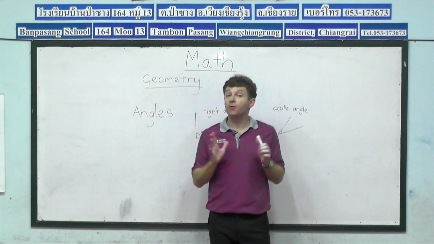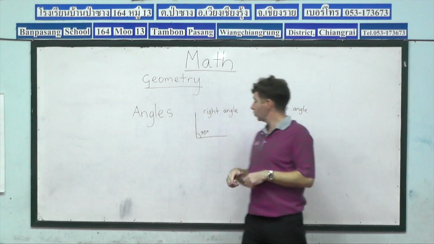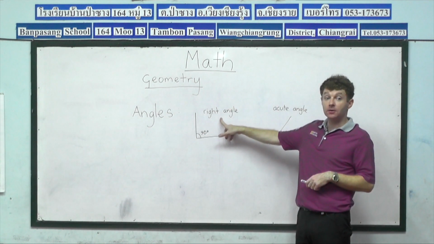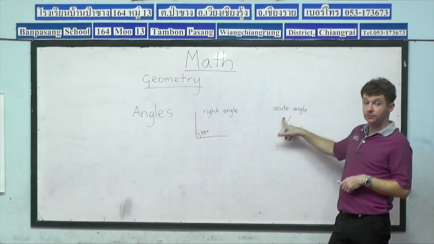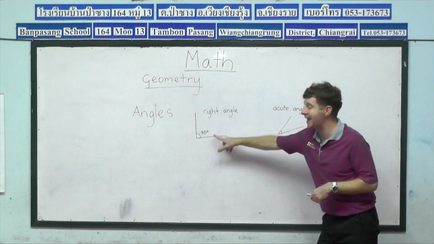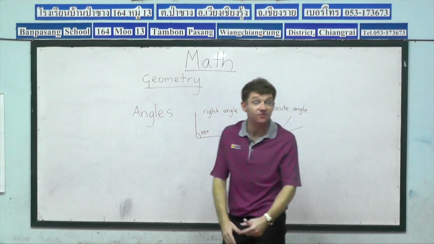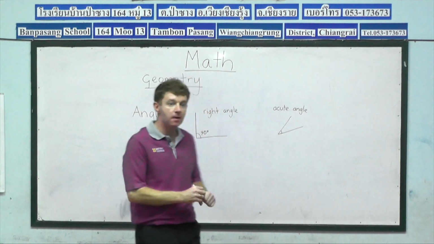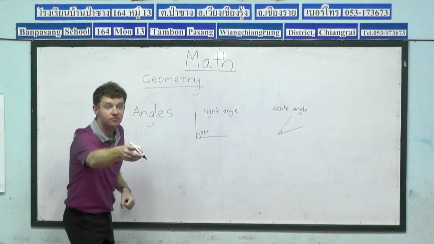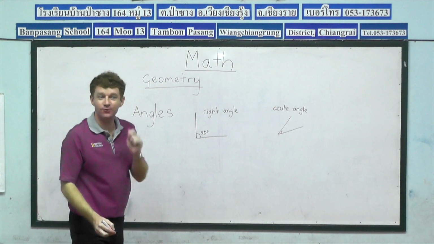Okay, so for our demonstration, I will draw one more type of angle. We've got so far right angle, acute angle. Now acute angle is less than 90 degrees. What about the angles that are bigger than 90 degrees? Anybody remember? Again, sorry? Nearly obtuse.